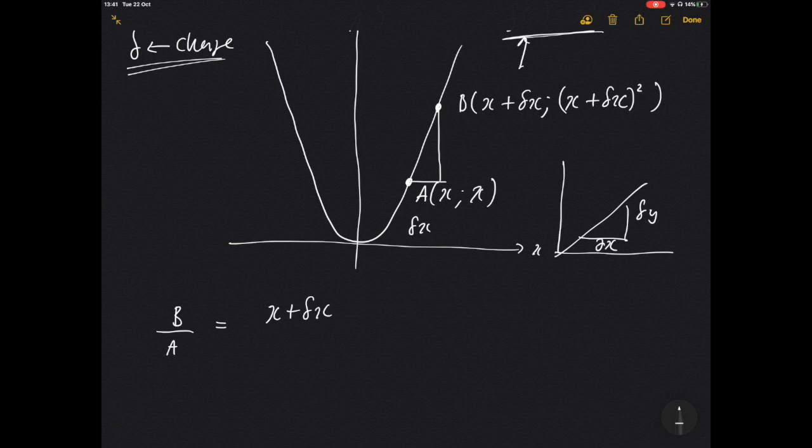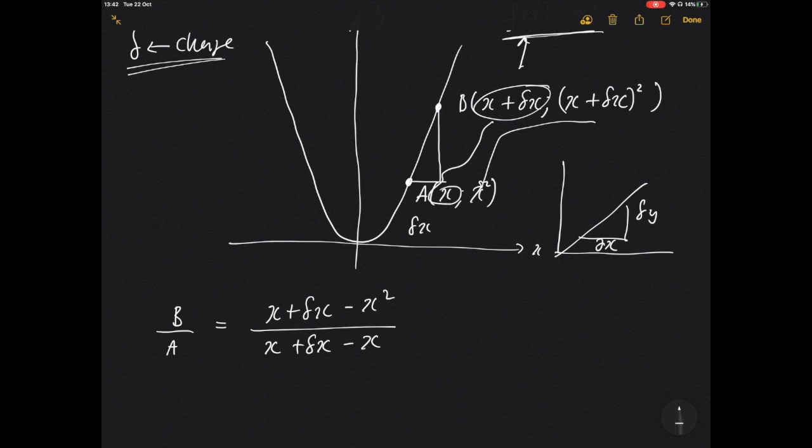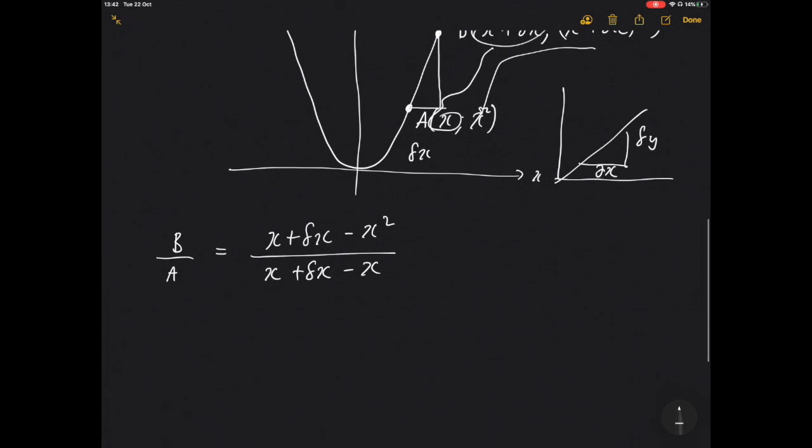But then it's changing in y because we have to minus our x squared away from it, like this, minus x squared. And over A, where we have our change in x, which would be x plus delta x minus x. Okay, so that's made us some expression here, which, sorry, that should be squared.